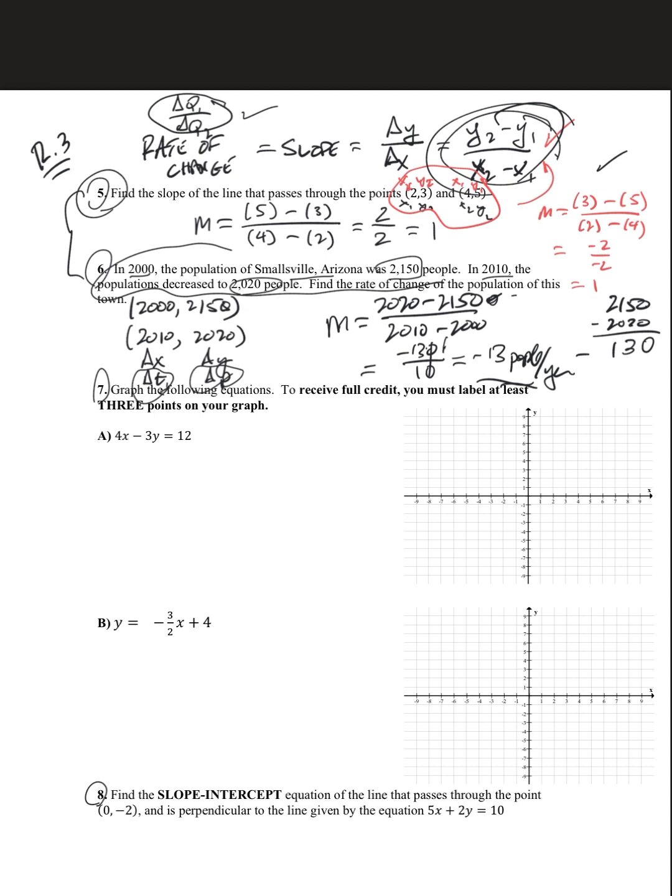So the change in people divided by the change in years gives me people per year as my rate. And that's why we also call this a rate of change. All right, so there's hopefully a memory jog of your slope. And what we're going to do is use that slope to help us do some graphing and find some equation of lines, but I'll do that in another video coming soon. See you later.